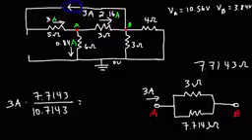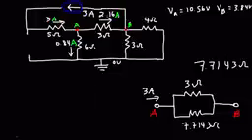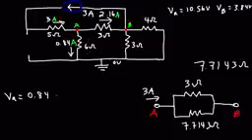So at this point, we have everything we need to calculate the potential at point A. The potential at point A with respect to ground is simply the voltage drop across the 6 ohm resistor. So it's 0.84 times 6 ohms.